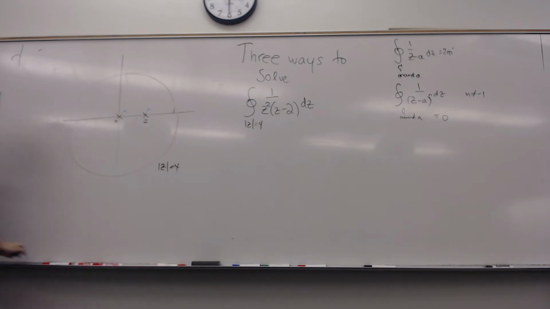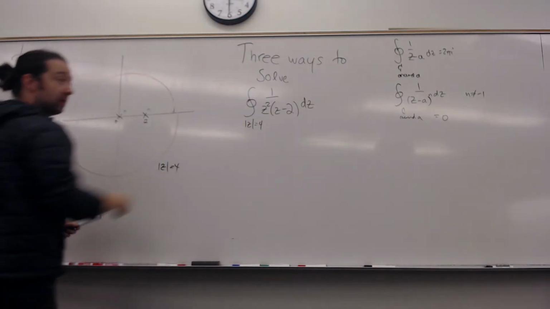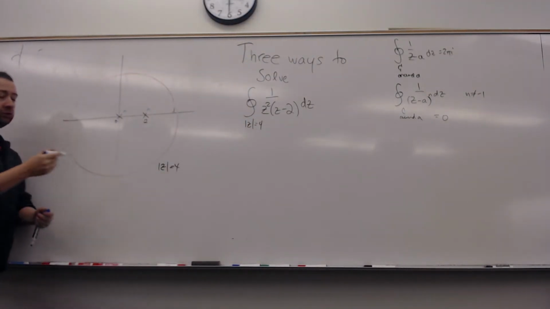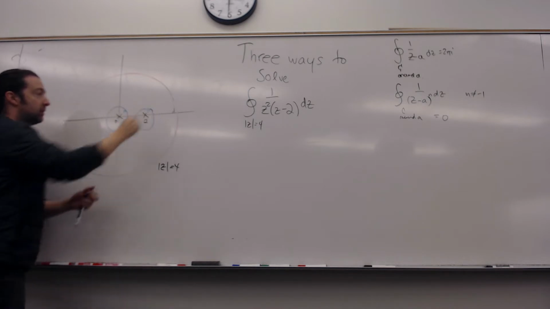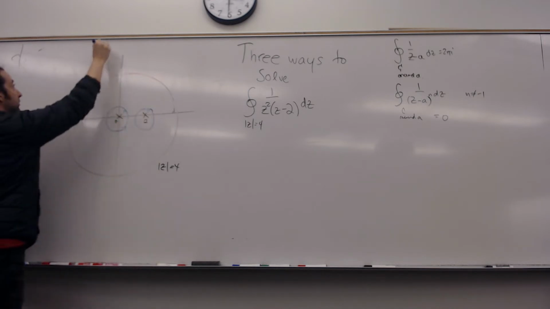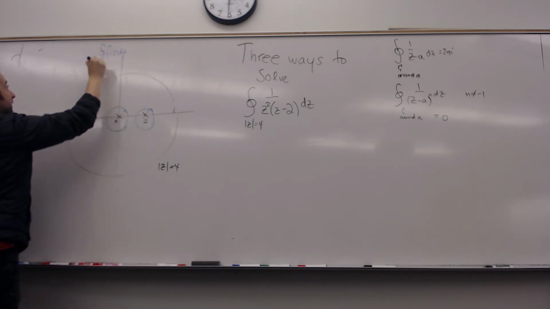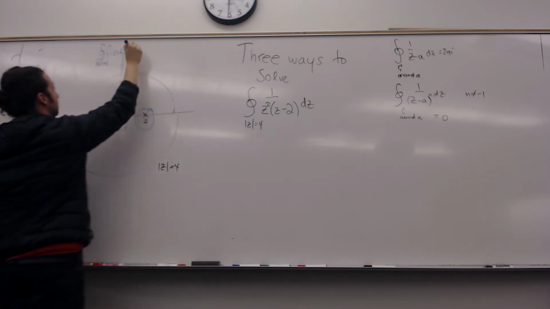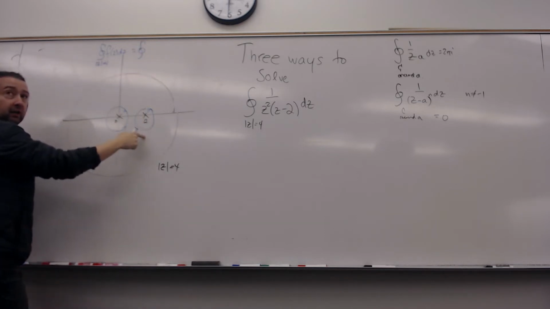What the Cauchy theorem directly implies, and we're going to use this for two of the methods we're talking about, is that the integral of f of z dz around the big curve is equal to the integral around each of these two little curves added up.